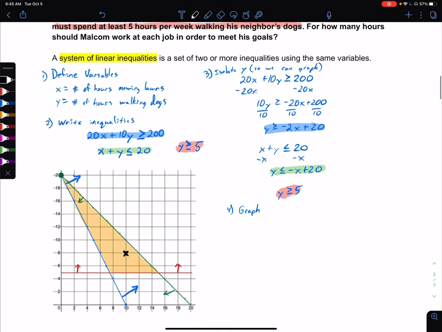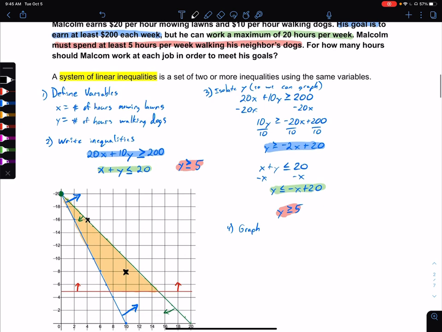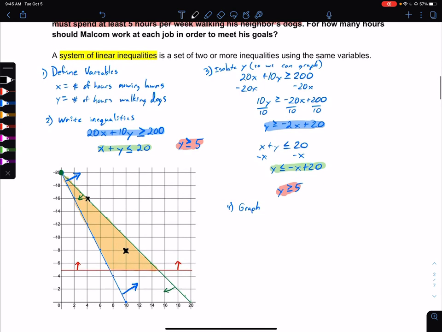So I could pick 4, 16 and that could work, right? I could mow lawns for 4 hours and walk dogs for 16 hours. So any of those points within there are going to work, and they're not asking for a specific point. They're just asking how many hours should Malcolm work at each job in order to meet his goals. Well, it depends, right? So anywhere falling in that orange shaded region will do.